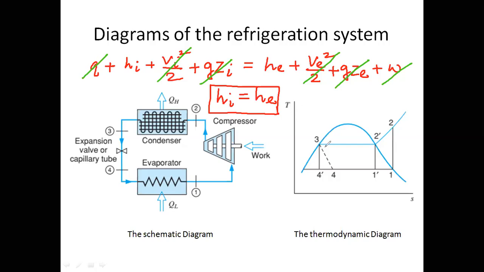So for this process from 3 to 4, the enthalpy at 3 equals the enthalpy at 4. Sometimes we loosely call it an isenthalpic process, but you have to note that the end state enthalpies are equal, but we do not know anything about the enthalpy values at the intermediate points.